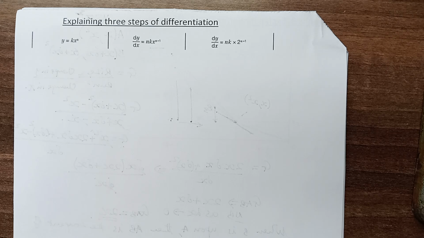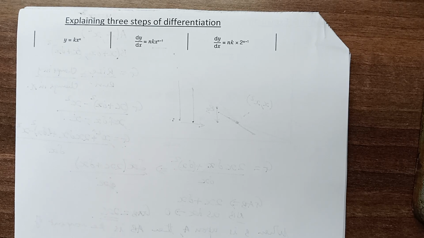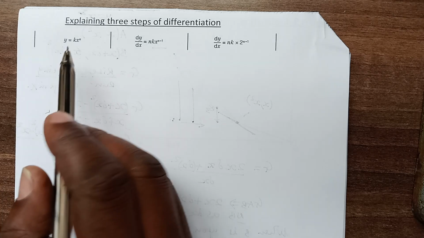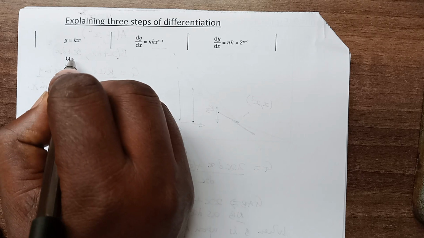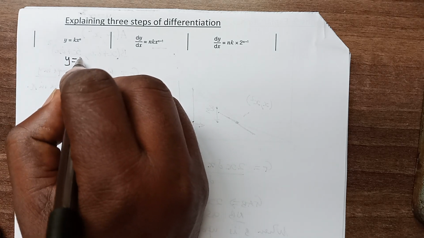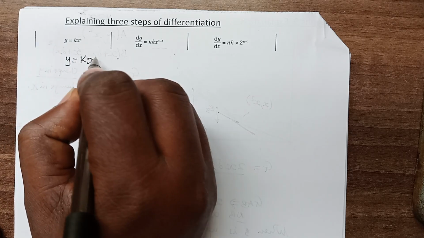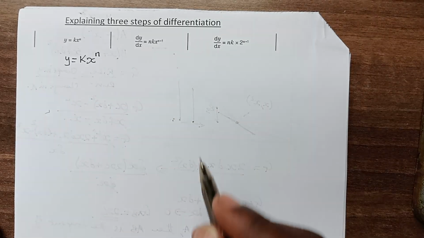And in this video, I want us to understand the three steps of differentiation. If we have an equation of a curve in general, and I want to bring a general picture, the three steps here, we have an equation of a curve which could be written in terms of y is equals to kx raised to power n.